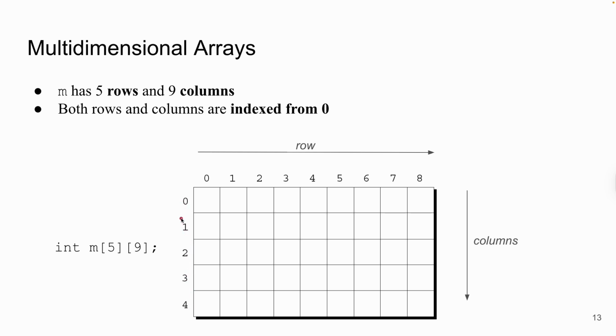There are 5 values here, so the number of rows, the length of the row dimension for this 2D array n, is 5. And for the columns, it's from 0 to 8. There are 9 numbers here, right? So the number of columns for this 2D array n is 9.